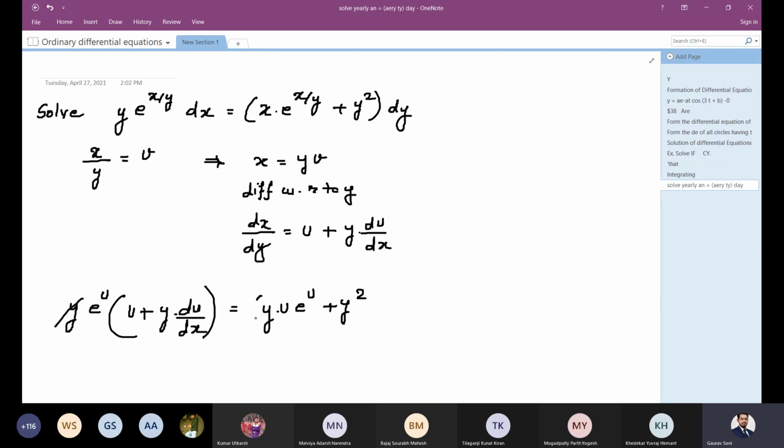Now, one of the y will get cancelled out. Then we can separate the variables: e to the power u into u plus e to the power u into y du by dy, the right hand side u e to the power u plus y. These two will get cancelled out.